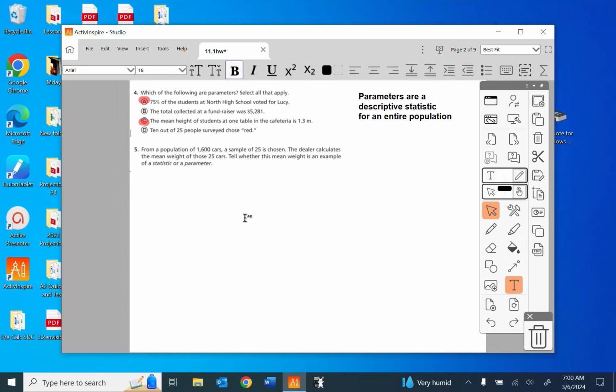It's a bad question. From a population of 1,600 cars, a sample of 25 is chosen. The dealer calculates the mean weight of those 25 cars. Tell whether this is an example of a statistic or parameter. Now here's the thing. They only sampled 25 of 1,600. That's it. And the key issue here is they calculated the mean of the sample, not the population. So this is by definition a statistic.